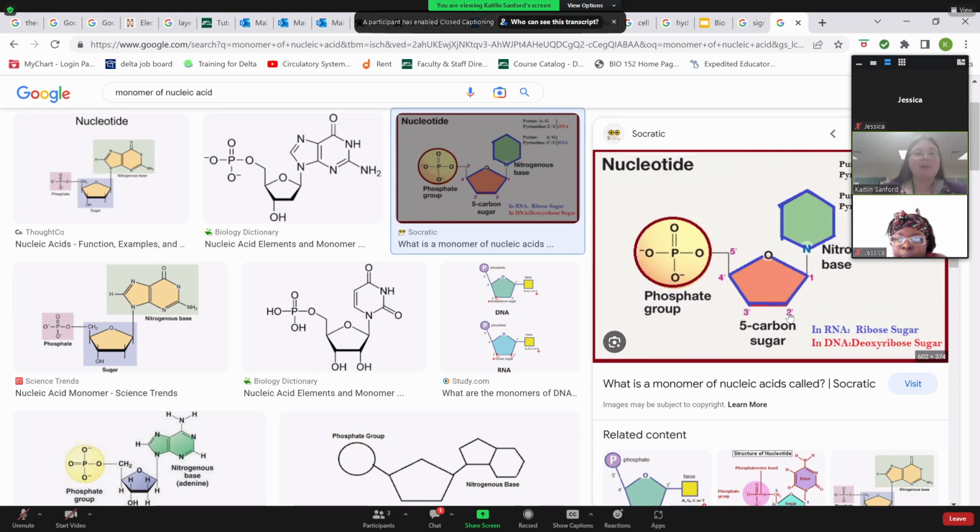You have a 5-carbon sugar, a nitrogenous base and a phosphate group. If you see a phosphate group with a nitrogenous base, you know it's not a protein. That makes sense? That's why I highly recommend if something stumps you, go look up a picture of it, because seeing it represented visually makes a lot more sense.